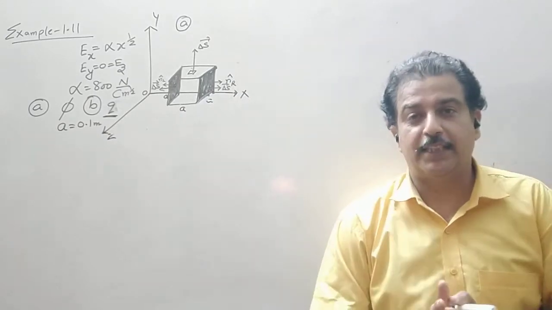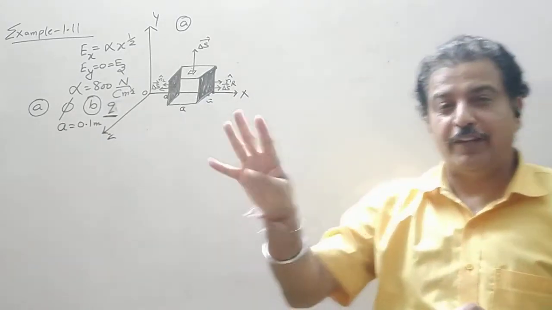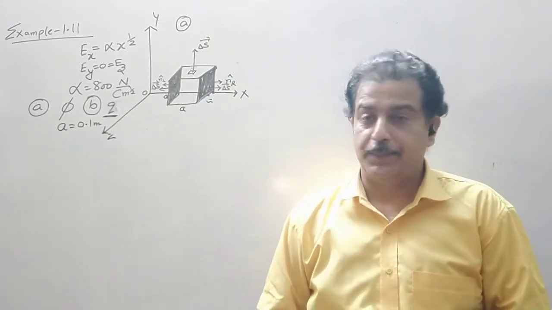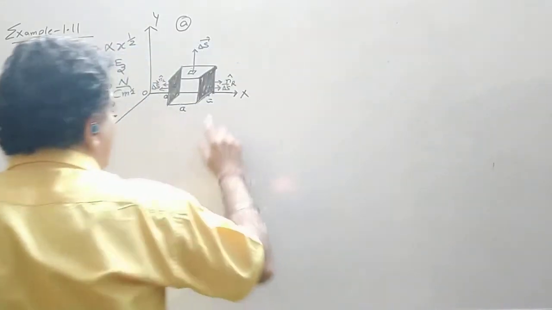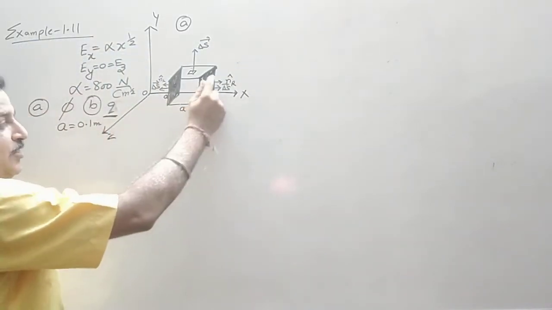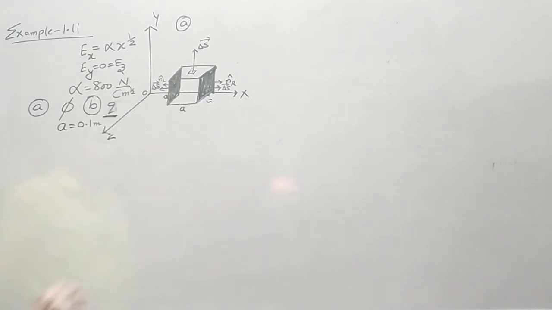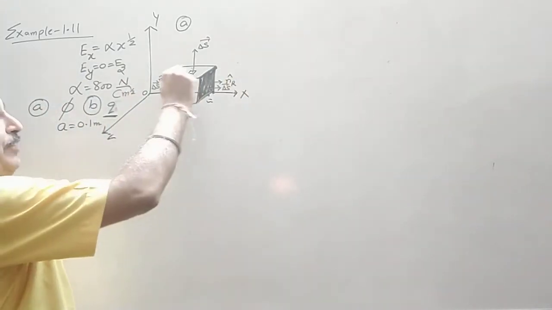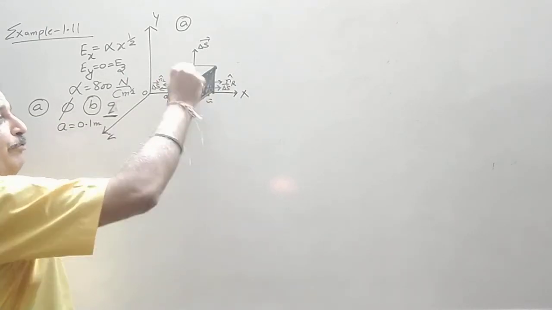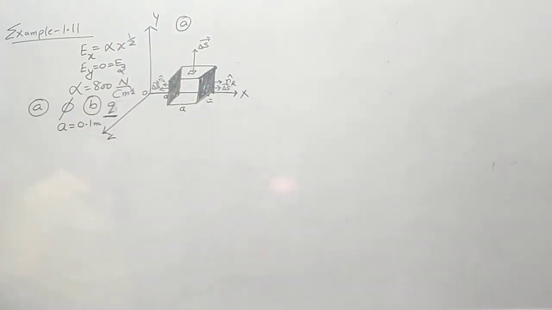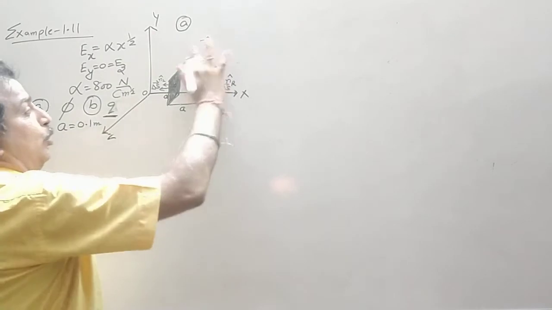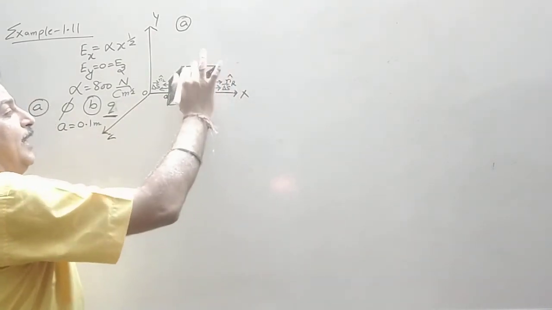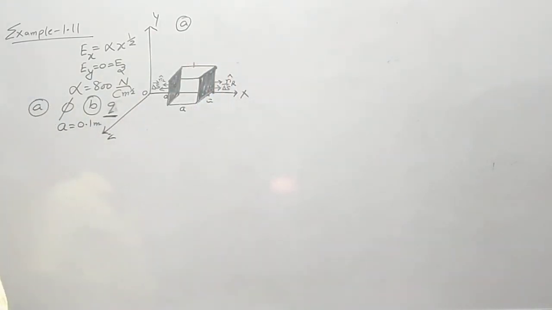So out of these 6 faces, the 4 faces' contribution should be 0. You are left with only the 2 faces which are shaded here, which are normal to the x-axis. All the 4 other faces are parallel to the x-axis, so their contribution is 0, because the angle between the area vector and the electric field intensity is 90 degrees.